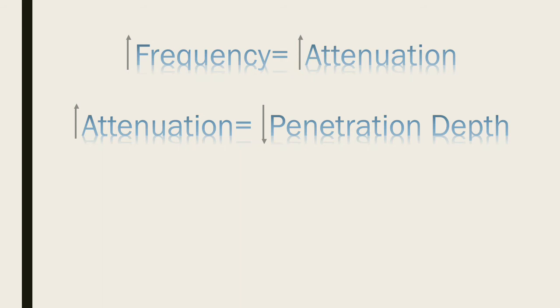If we're looking at a structure that's really superficial, let's say a thyroid, which is just in the neck, we don't really need that much penetration, which means that we can use a really high frequency transducer. We don't need to penetrate very deep. Versus if we're looking at someone's liver, which sits a lot deeper in someone's body, we're more likely going to need a lower frequency transducer so that we can fully penetrate and get all the way down to the posterior part of that liver.